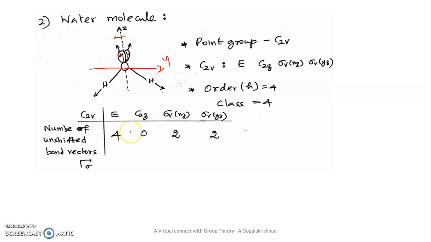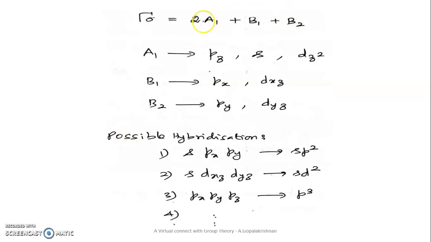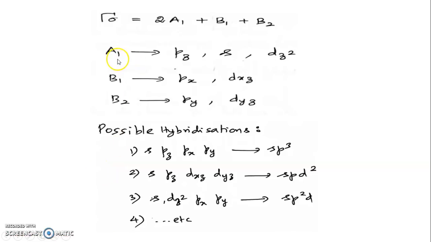Now if you reduce this using the reduction formula, you will get the answer as 2a1 plus 1b1 plus 1b2. Now, using the character table, if you analyze, listen, along A1 we have the pz orbital in column 3 and the dz square orbital in column 4.